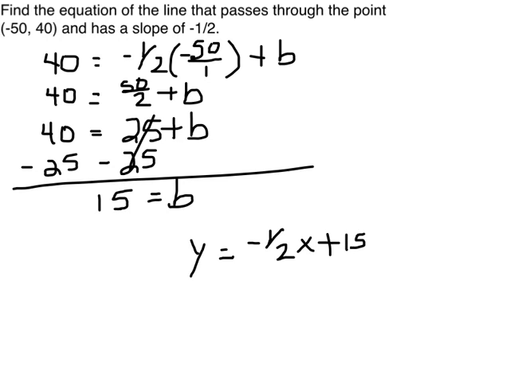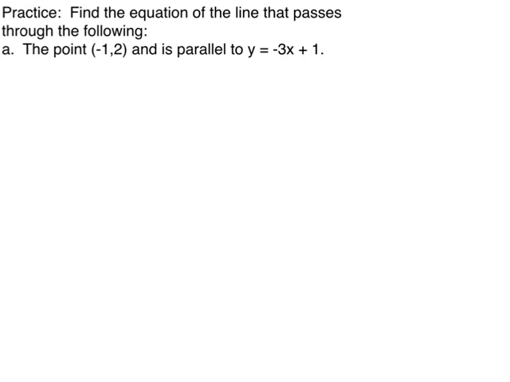Alright, let's do our practice problems. Every one of these practice problems is going to say find the equation of the line that passes through, and in A we have the point negative 1, 2, and is parallel to y equals negative 3x plus 1. Alright, so if we know that it's parallel to this, then it's going to have the same slope, right?